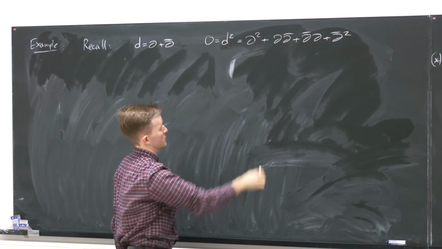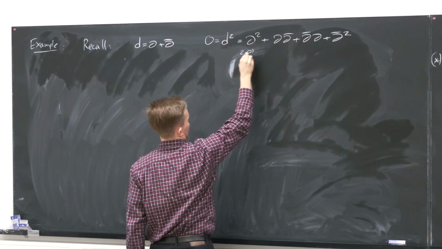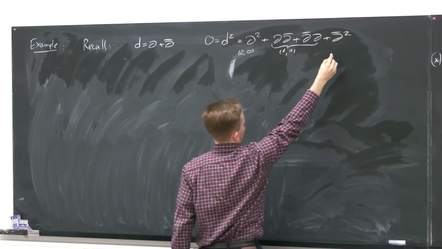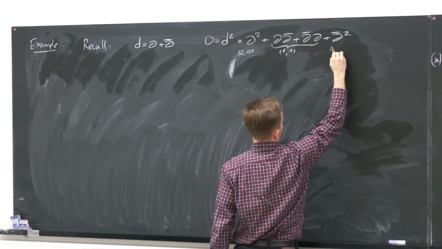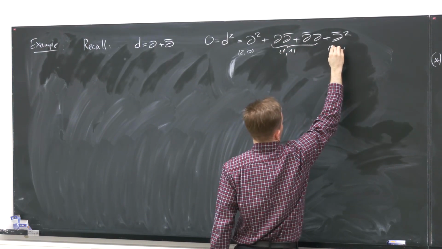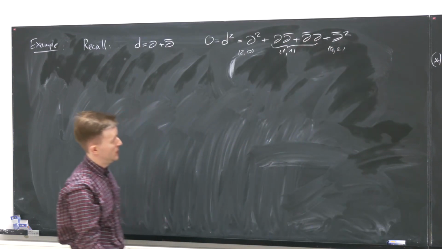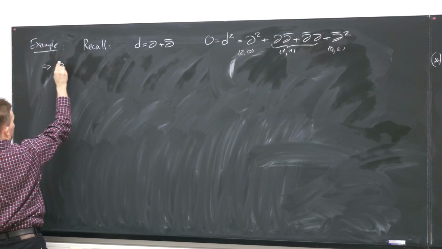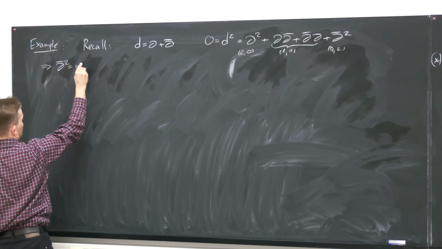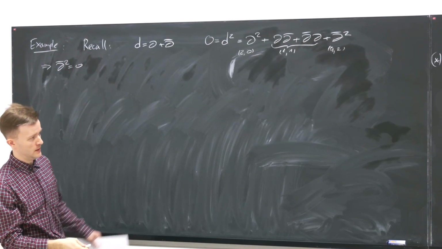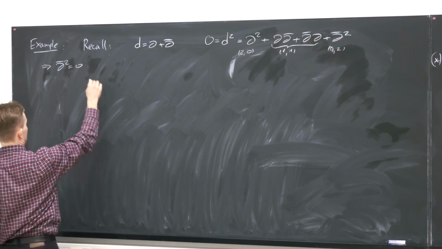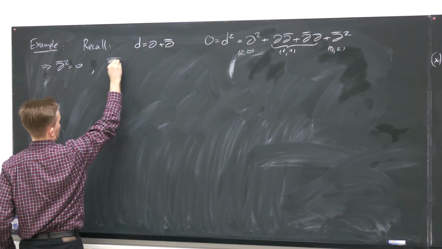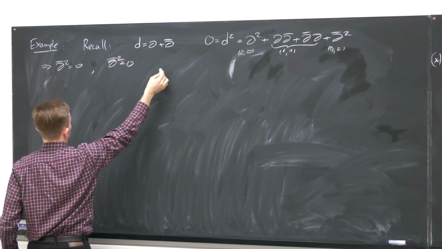And these are components of different types, so this is type (2,0), this is type (1,1), and this is type (0,2). So they all have to vanish, and this implies that this del bar operator satisfies the condition that its square is 0, and there are two other equalities like this.